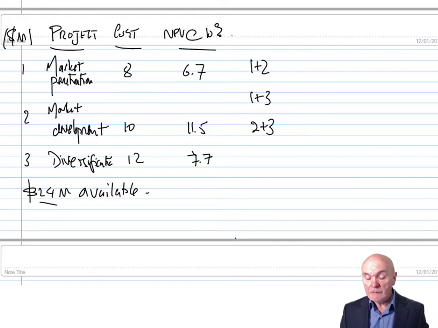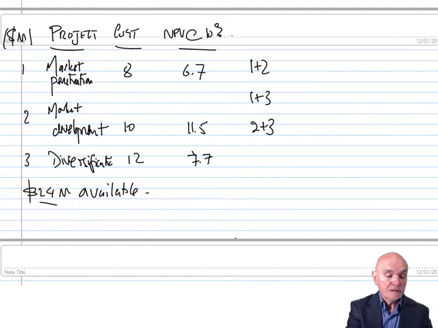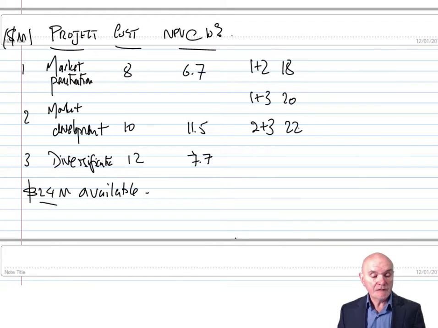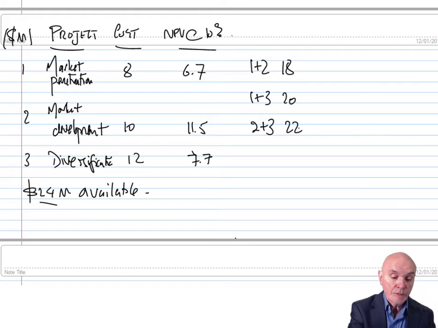We can't do all three of them here because all three of them is going to take 30, and we haven't got that. But 1 plus 2 is going to take 18, so that's within your 24. 1 plus 3 is going to take 20, that's within our 24, and then 2 plus 3 is going to take 22. And the NPVs coming out, well, 1 plus 2 is going to be 6.7 plus 11.5, that's 18.2.